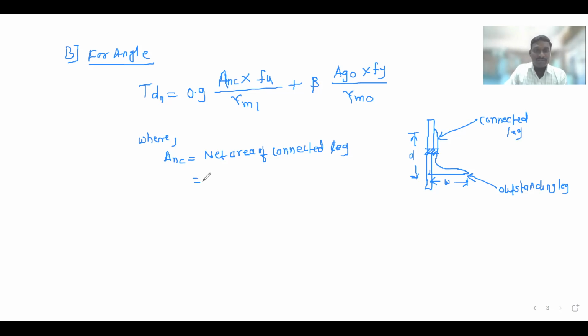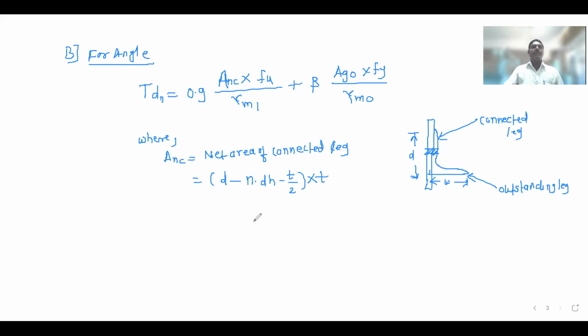Okay, net area of connected leg. So how to calculate net area? The formula for calculation of net area is D minus, what is D? D is the depth or width of this connected leg. The width of the leg that is connected is D. D minus n into Dh minus t by 2, into t.